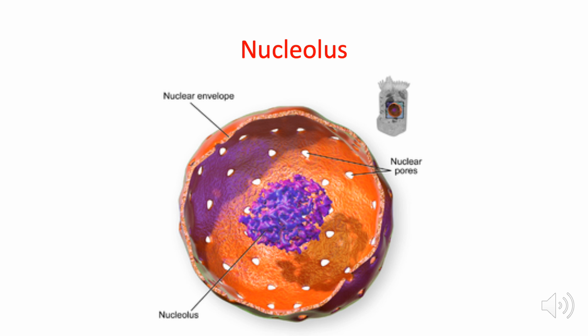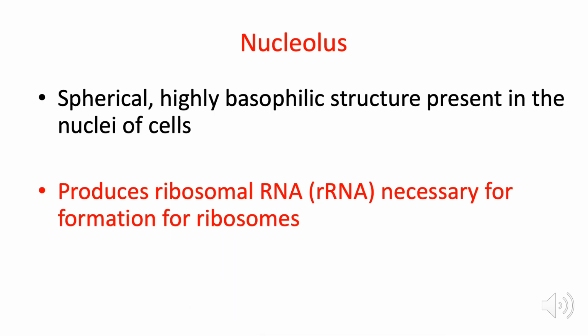The next structure that we can find within the nucleus is the nucleolus. It's the spherical structure that we can find inside the nucleus. Nucleolus is a spherical, highly basophilic structure that we can find inside the nuclei of our cells. When you say basophilic, they are attracted to basic dyes such as hematoxylin.